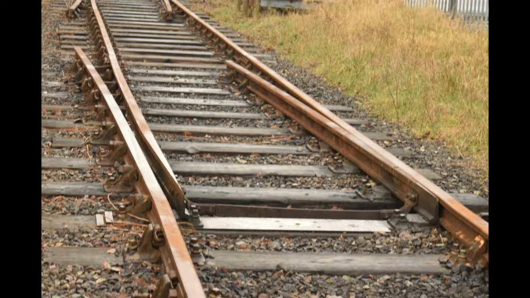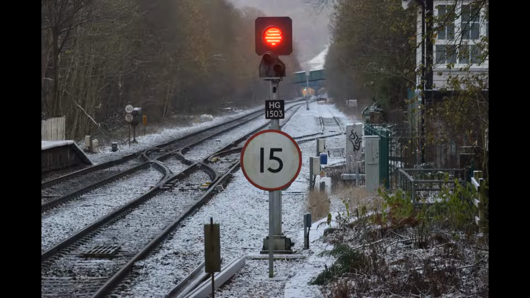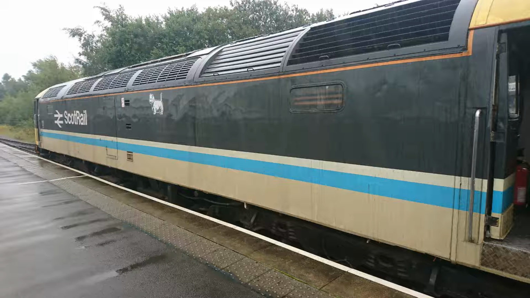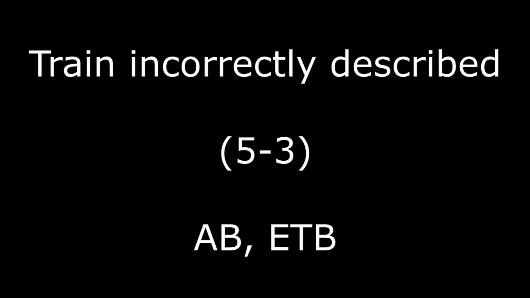Train incorrectly described. So we've told the signaller that the next train is going to be a class 1, and then we think, oh no it's not, it's going to be a class 6 train. So we've sent the signaller the wrong information. We'll send them a 5 pause 3.